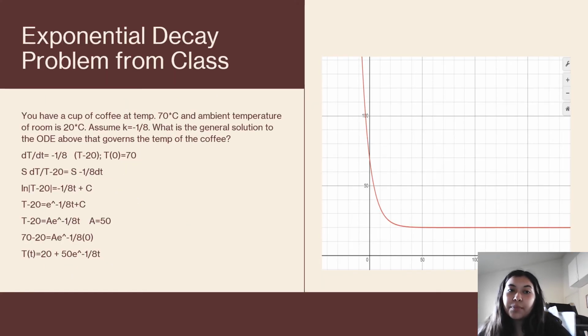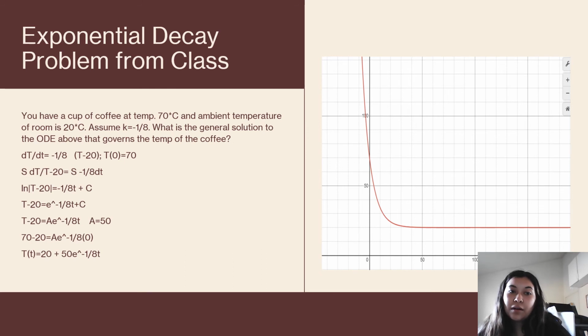So how do we talk about exponential decay in class? This is a problem that we did in class relating to exponential decay. The coffee temperature was 70 and the room temperature was 20, and assume that K equals 1/8. How do we find the temperature of the coffee at any given time?